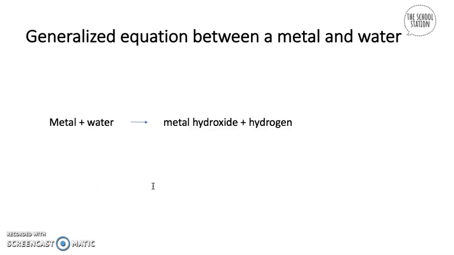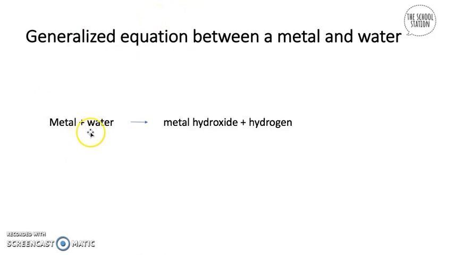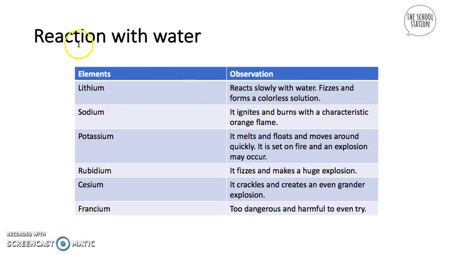And last of all, we also have to think about the generalized equation between a metal and water. As I said, this is basically the reaction between the metal and the water. So the equation for this is metal plus water makes metal hydroxide plus hydrogen. For example, if I use this equation for lithium, we will do lithium plus water makes lithium hydroxide plus hydrogen, because when you're doing the reaction, you will see that a lot of hydrogen actually gets released.